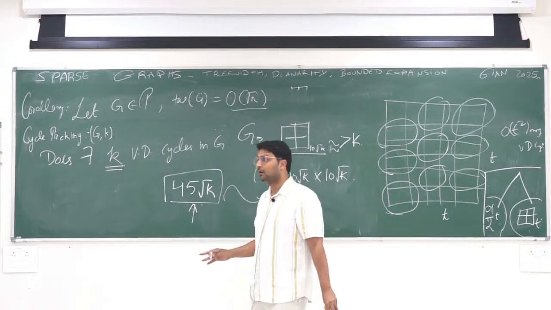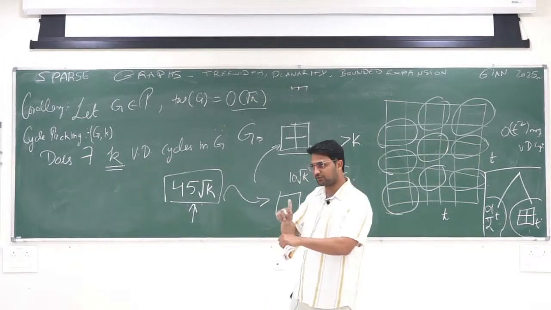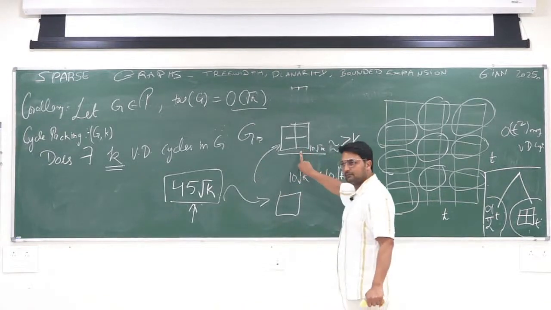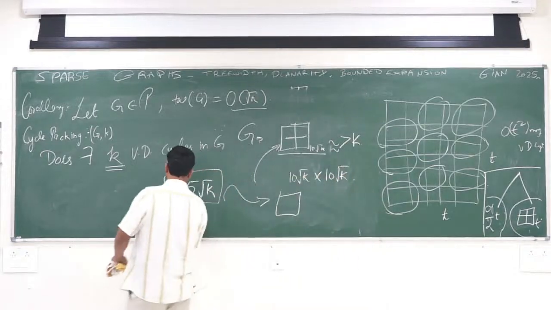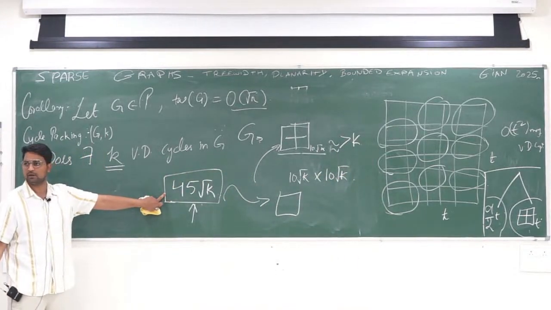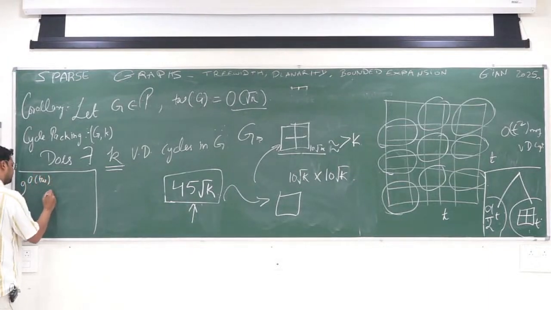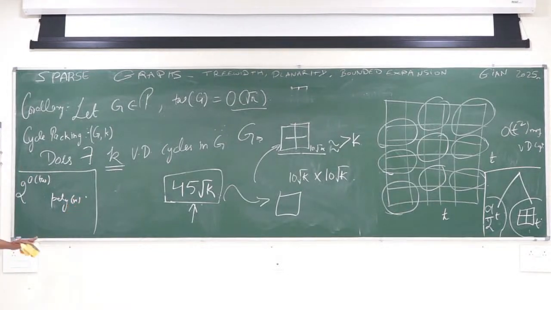It's easy. Let's say we do not get this. I forgot to mention one thing, but I'll say it after I complete my argument. Either it will give me this as a minor, and I say yes, there exist vertex disjoint cycles, or it will give me a tree decomposition with this width. And maybe you don't know as of now, but we know as scientists that cycle packing can be solved in 2 to the power order of treewidth times only n time for general graphs.